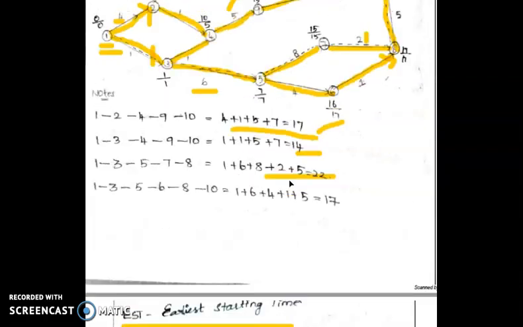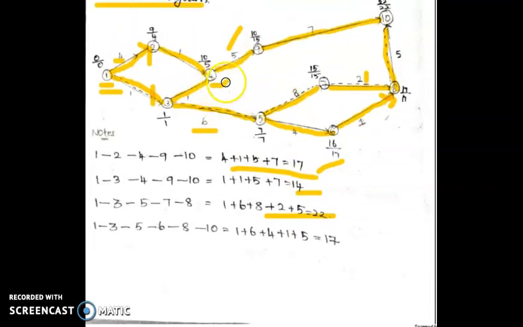This is the earliest starting time for this activity. Before going to 4, we have to complete 2 and 3. So there are two possibilities to reach 4: 1 to 2 then 4, and 1 to 3 then 4. In this situation, to find the EST we should take the maximum value.